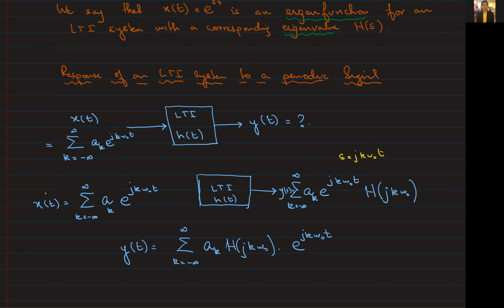So the question is, can I say something about the periodicity of the signal y of t? So I guess it is periodic with a period 2 pi over omega naught. Okay, good. Why do you say that? Sir, because I guess the value of k goes from infinity to minus infinity.